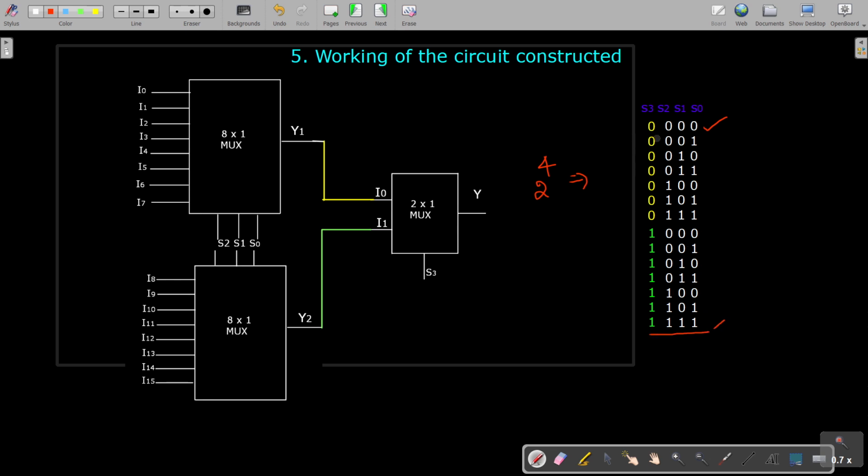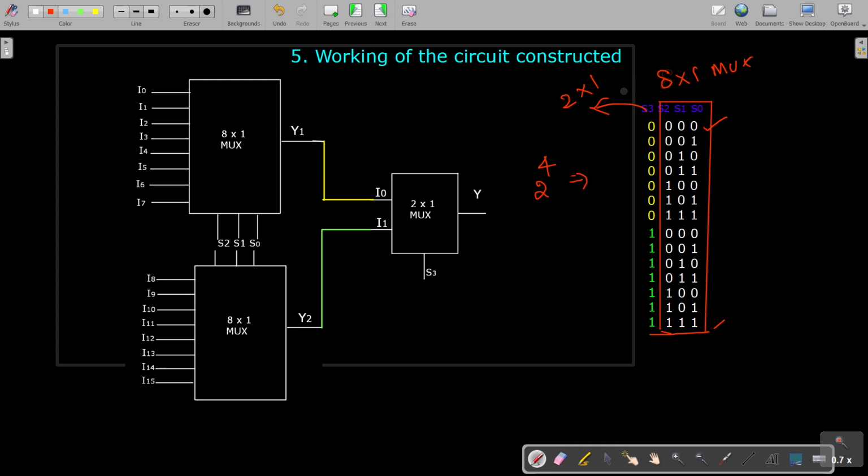Okay. But I have given these S2, S1, S0 in white color because they are the direct selection input for this 8 by 1 MUX. So I have given them in white color. But this S3 would be the selection input for the 2 by 1 MUX.